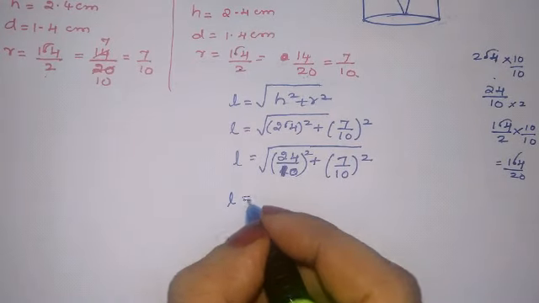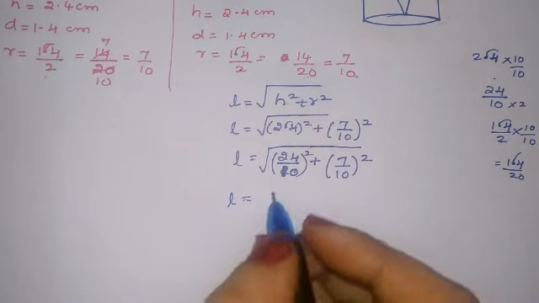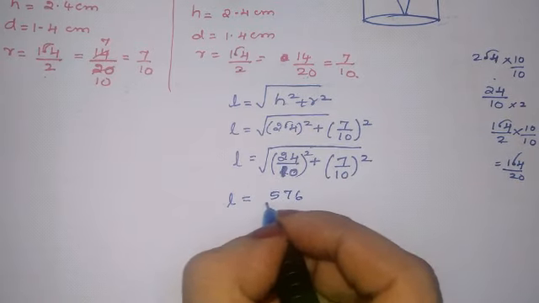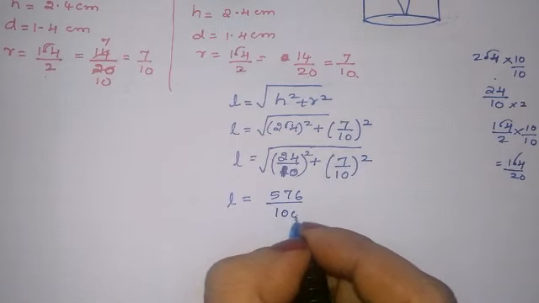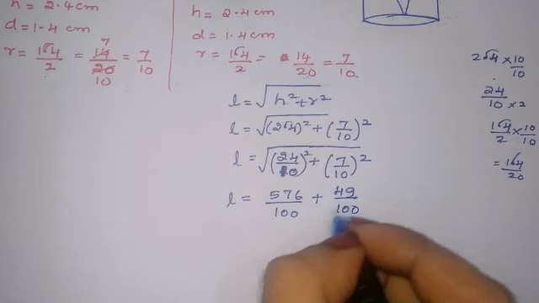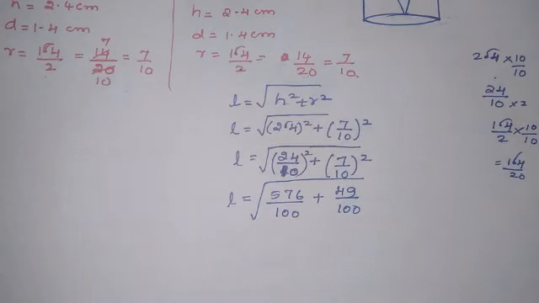L is equal to root of 24 square, which is 576, over 10 square, which is 100, plus 7 square, which is 49. Root as it is.